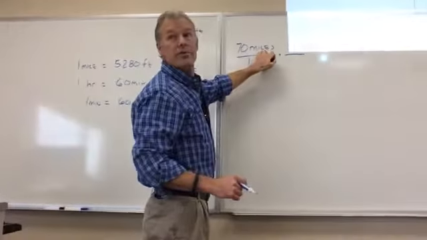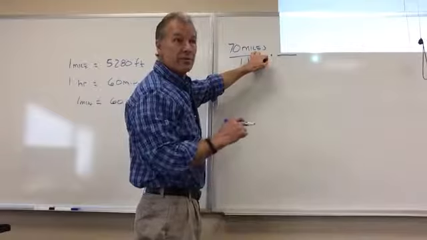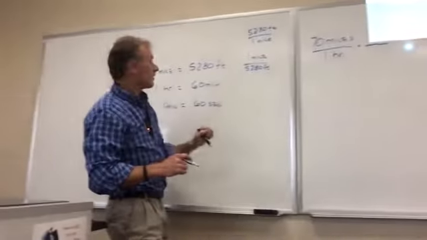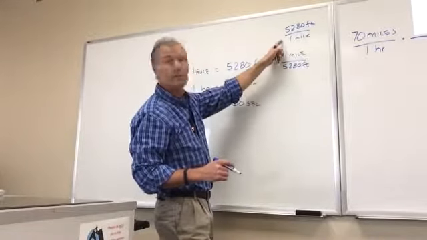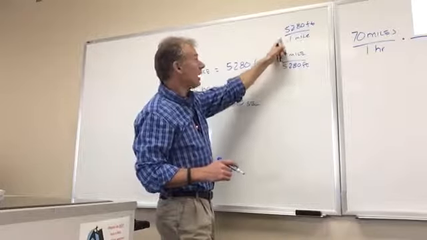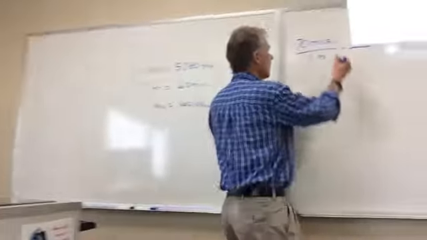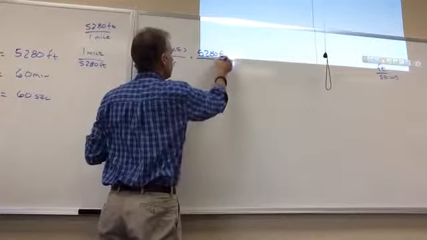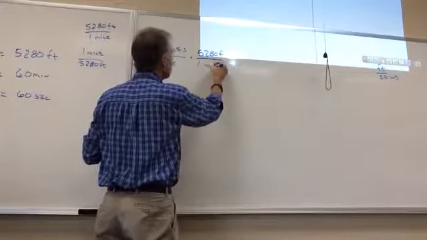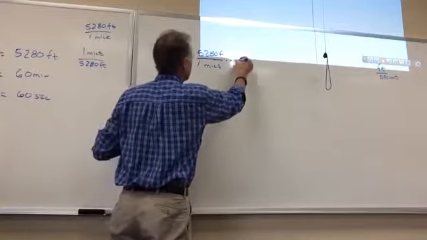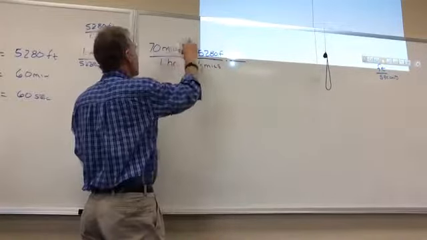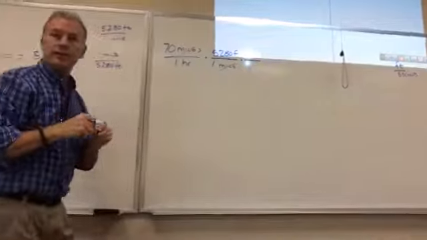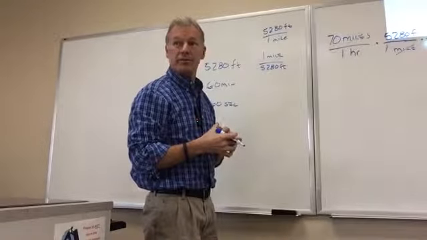I don't want miles. How can I get rid of miles? Yeah, I can do, which one? This one or this one? The top one, because it's going to put the miles on the bottom, so I'll write this out as 5,280 feet in 1 mile. Okay, so good news is those are gone. How do I get rid of the hours?